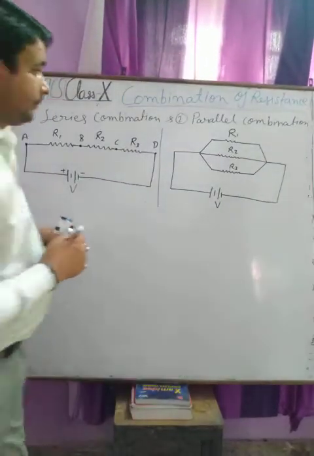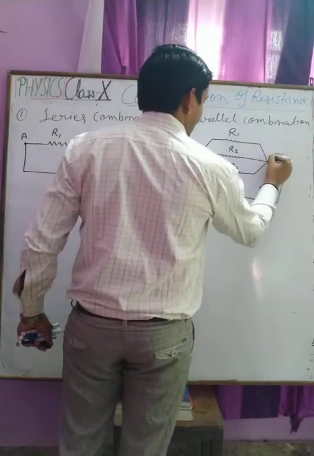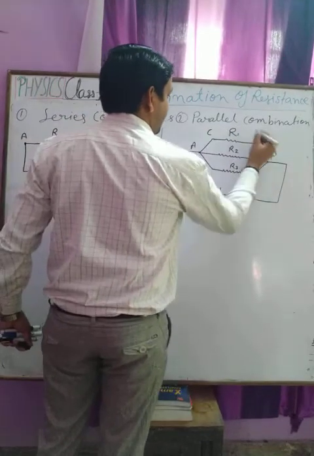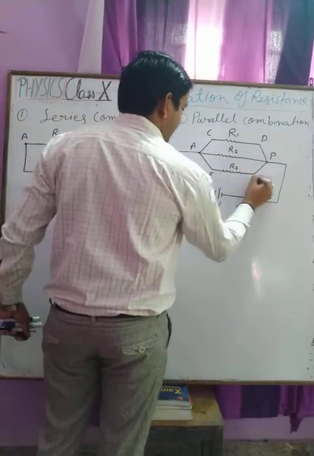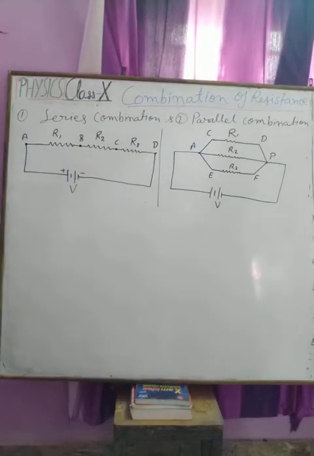Okay student, this is point A, this is point B, this is C, D, E, F. These are the two types of combination which we use to join our electrical appliances.